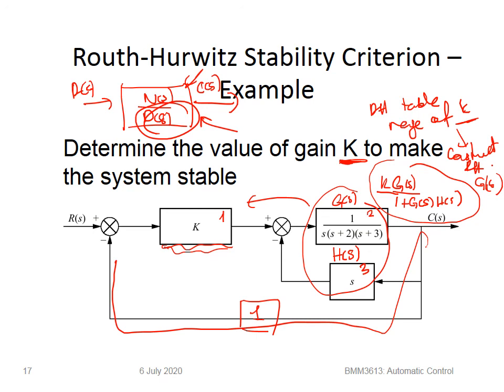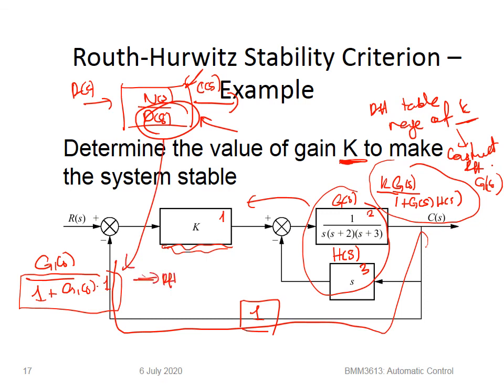So the reduced transfer function will now become G1(s) divided by 1 plus G1(s) multiplied by 1, right? So this is the denominator that we're going to put in our Routh-Hurwitz table.